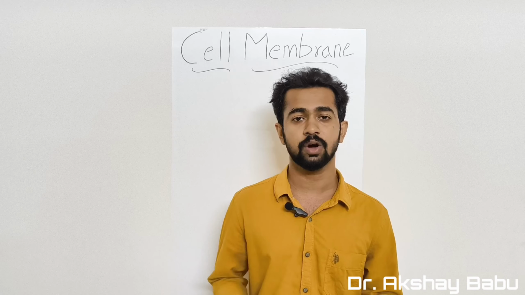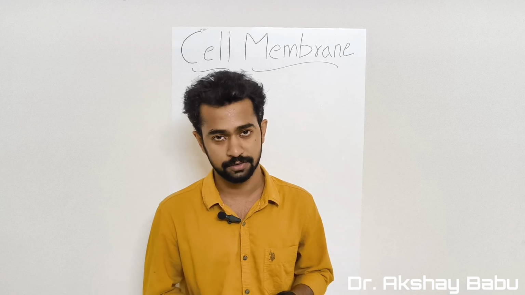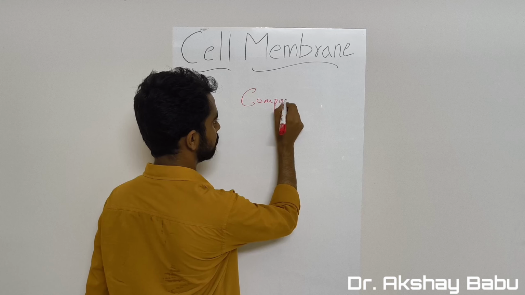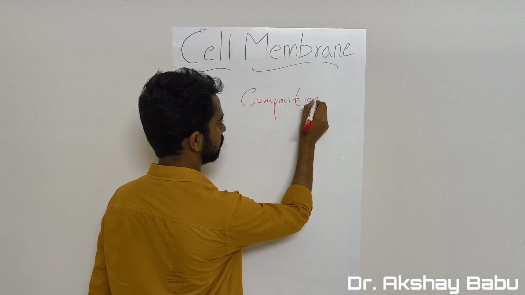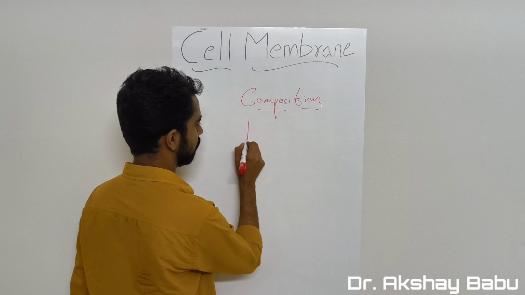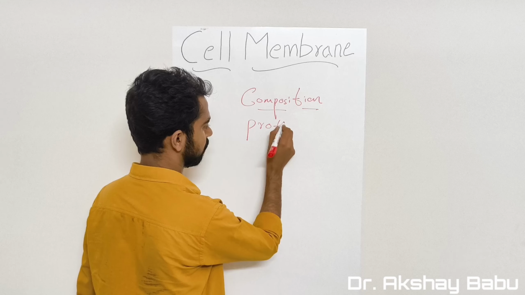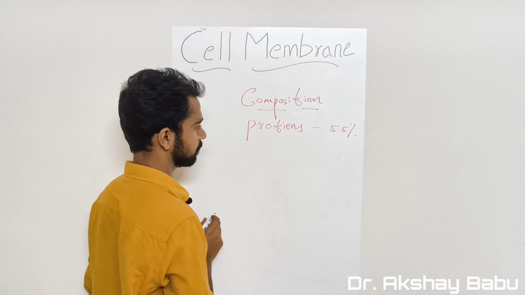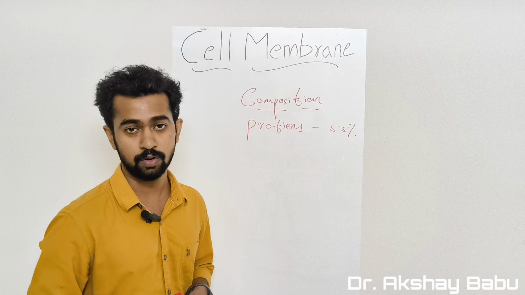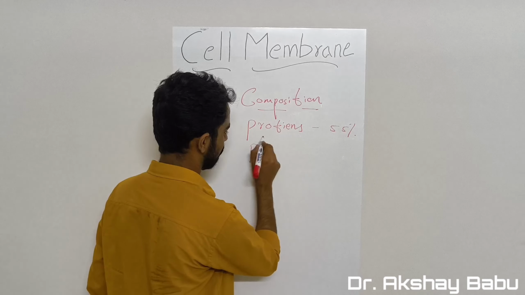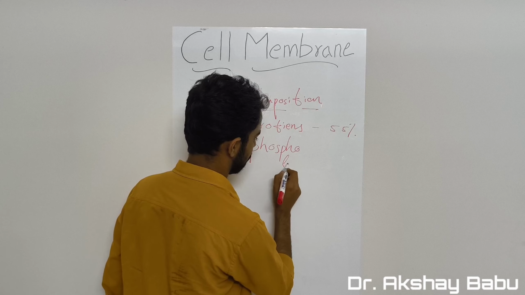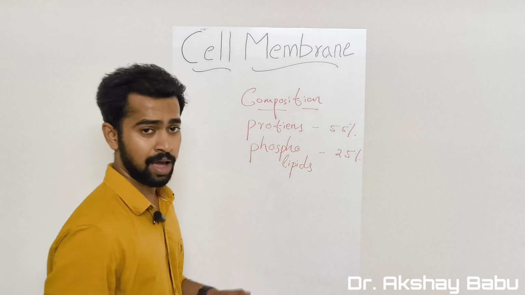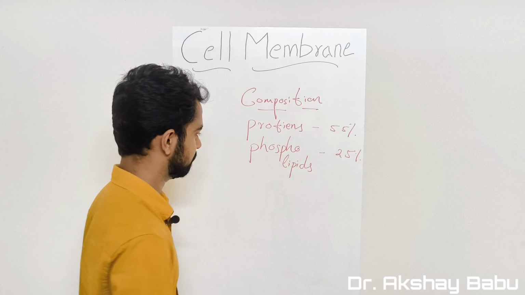The cell membrane is composed of 55% of proteins. So here, composition: proteins are about 55%, and phospholipids account for 25%. Cholesterol accounts for 13%.